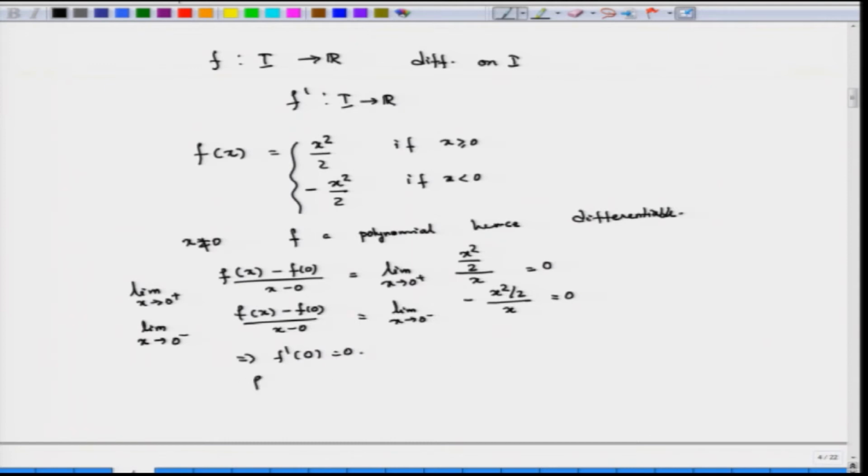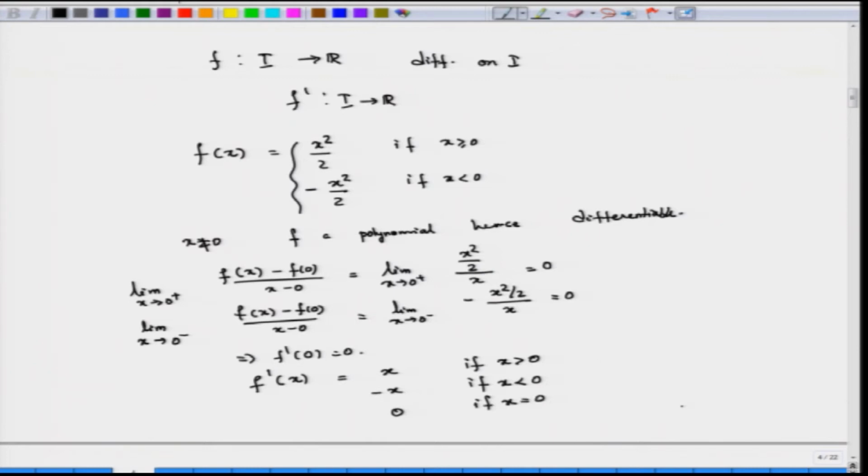Then f prime of x is equal to x if x is greater than 0, equal to minus x if x is less than 0, and equal to 0 if x is equal to 0.